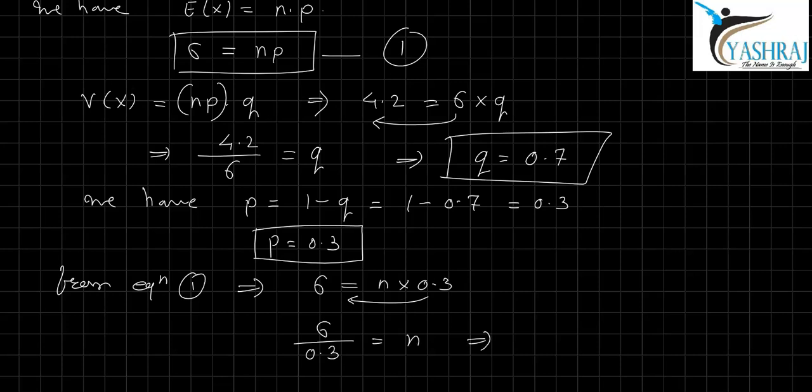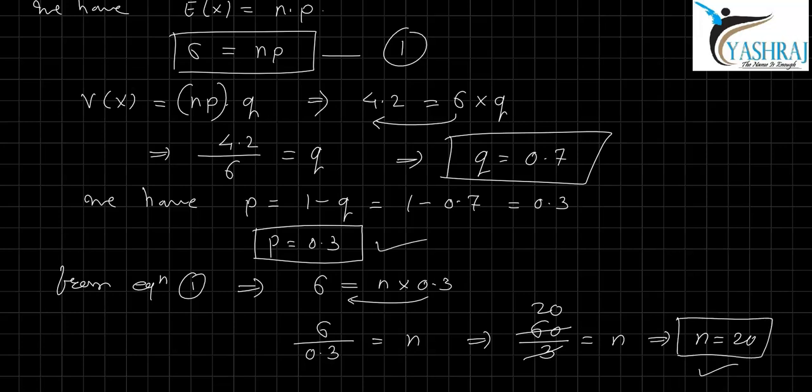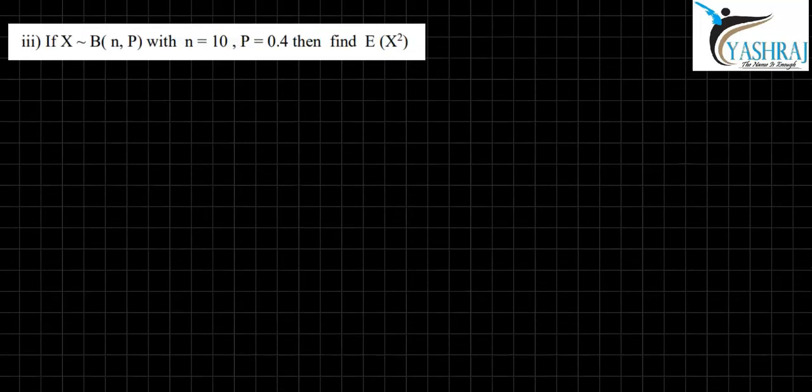We get the n value, now first of all try to cancel out the decimal, means multiply numerator and denominator by 10. Now everyone well known, 23s are 60. So we have n value becomes 20, while p value becomes 0.3. Look at the next question now.